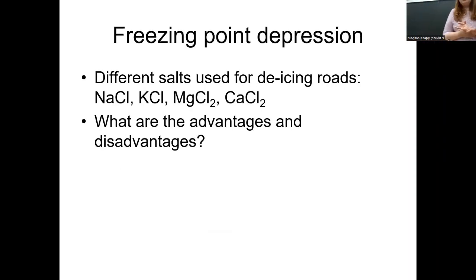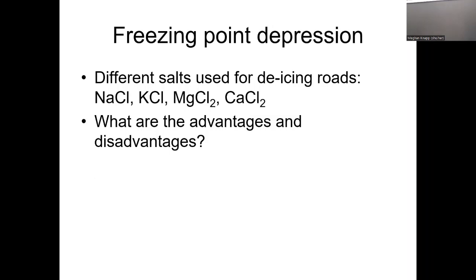All right. So we use freezing point depression in salting the roads in the winter. So when ice gets on the roads, when water gets on the roads, it's going to already be dissolving a lot of the salts and minerals and things that come from the asphalt and the tires and all kinds of things. So it's already going to have a freezing point that's below 32.